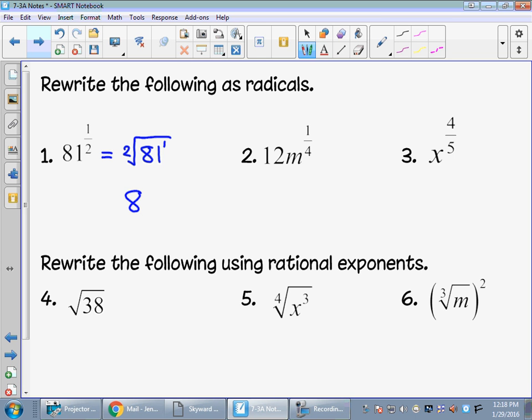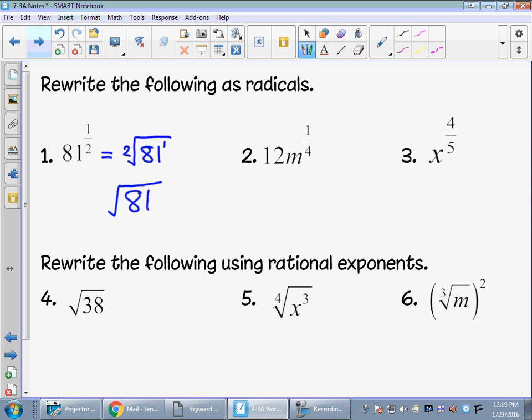You really don't need to put the 1 there. And the squared, we usually don't put that there. So the best way to say that is that anytime you have any number raised to the 1/2 power, it turns into the square root of 81. And I think all of you guys know that the square root of 81 is 9. You could use your calculator and you could type the square root of 81 and you would get 9. And then if you use your calculator and raise 81 to the 1/2 power, you would also get 9.